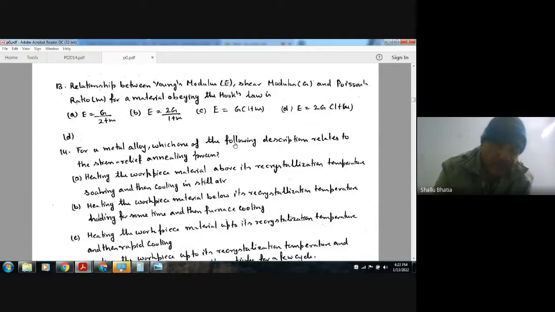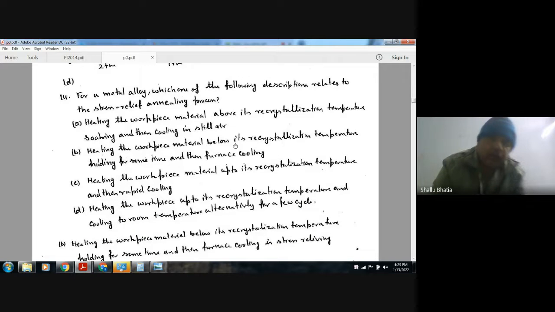Next. For a metal alloy, which one of the following descriptions relates to the stress relief annealing process? Option A, heating the workpiece material above its recrystallization temperature and soaking, and then cooling in still air. B, heating the workpiece below its recrystallization temperature, holding it for some time, and then furnace cooling.